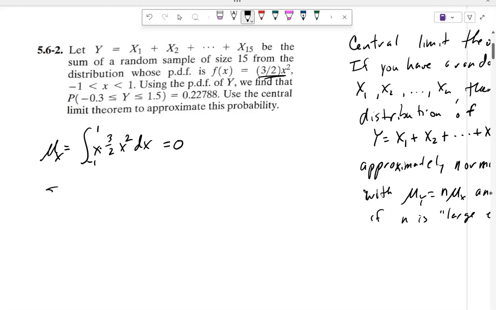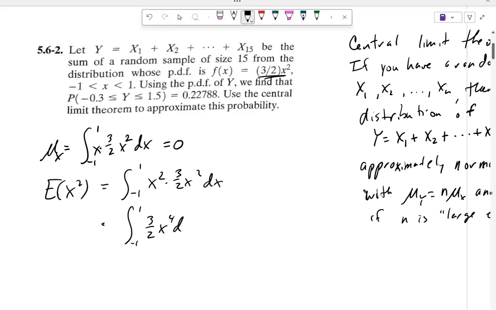Variance. The first thing we need to compute is what? Expected value of x squared, right? So this will be 3/2 x to the 4th. Antiderivative will give you 3/10 x to the 5th.